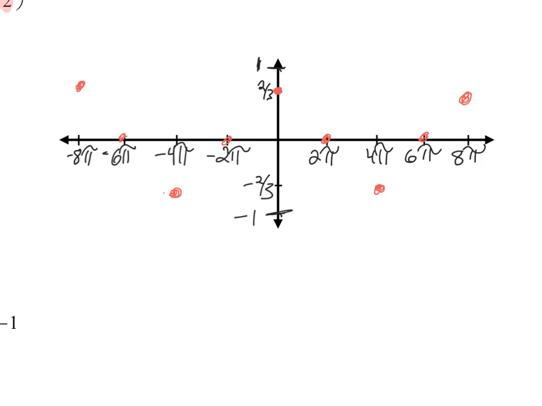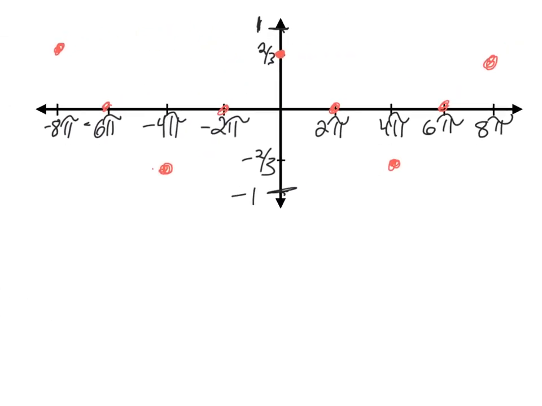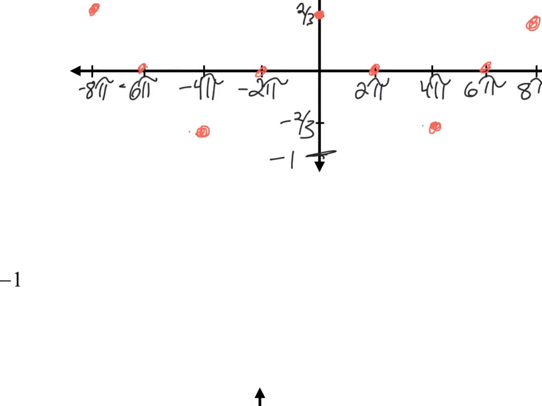Okay. Now, I have to do my horizontal shift before I can do my asymptotes. My horizontal shift is 2 pi. It's a negative 2 pi. So, everything is going to shift backwards 2 pi.